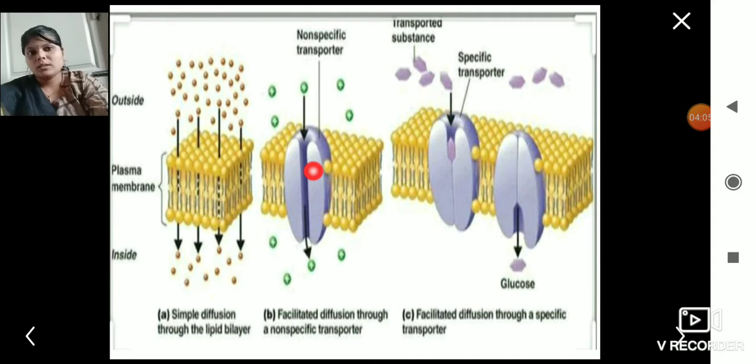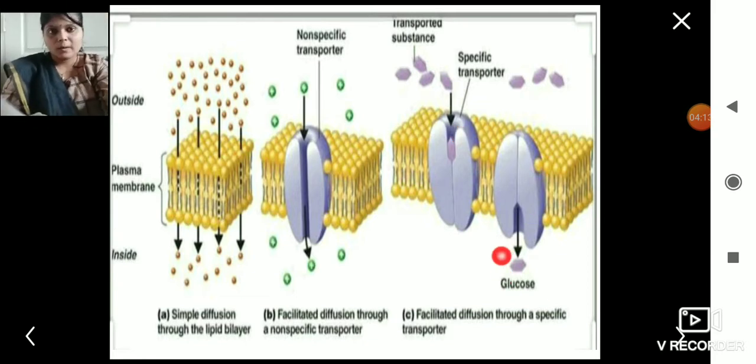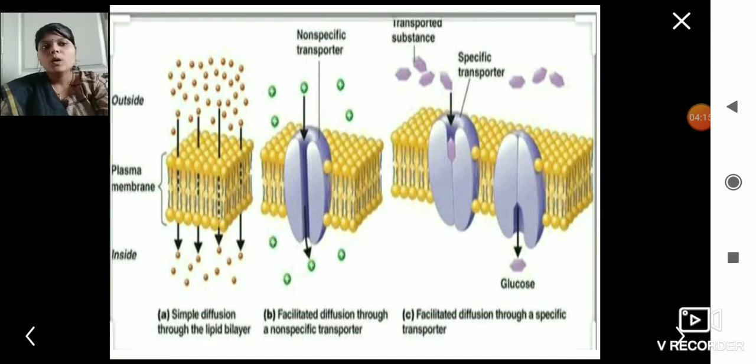This is non-specific, just like that it is allowed. Okay, but here it's specific: to that it will get attached, and then it will open inside the cell. That's how it is going to function. This is facilitated diffusion through a specific transporter. This is a non-specific transporter. Okay, anything.